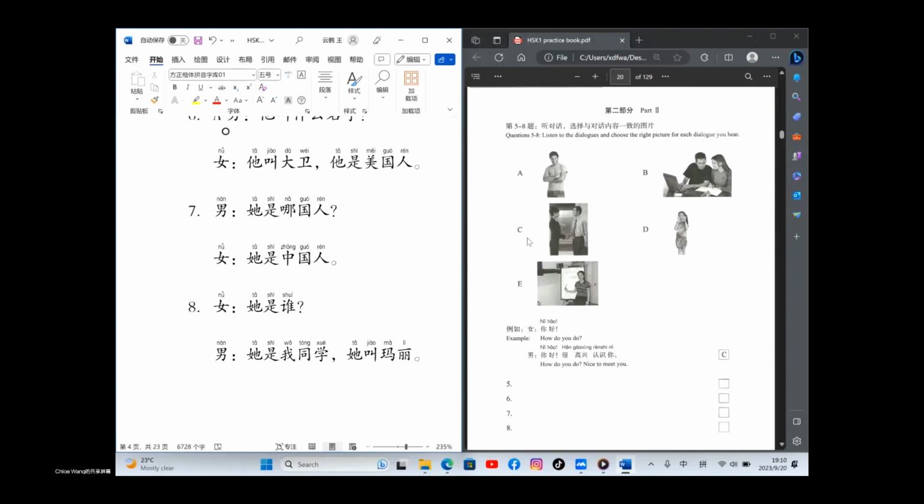But since it's asking about a single person's nationality, and this person is Chinese, we just choose E for question 5. So here we just have D left. So I choose D.